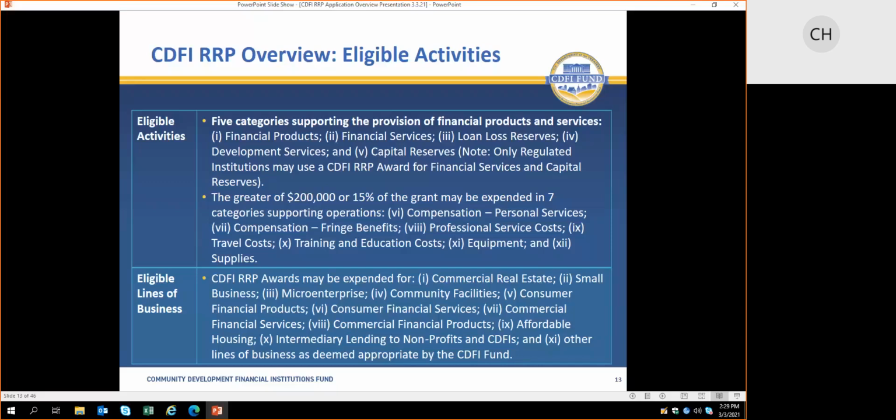An organization can only expend the greater of $200,000 or 15% of the total grant on the 7 categories supporting operations. And I won't go over every eligible line of business, but the eligible lines of business that can be supported with an RRP award are analogous to the eligible lines of business that can be supported by CDFI program and NACA program FA awards.